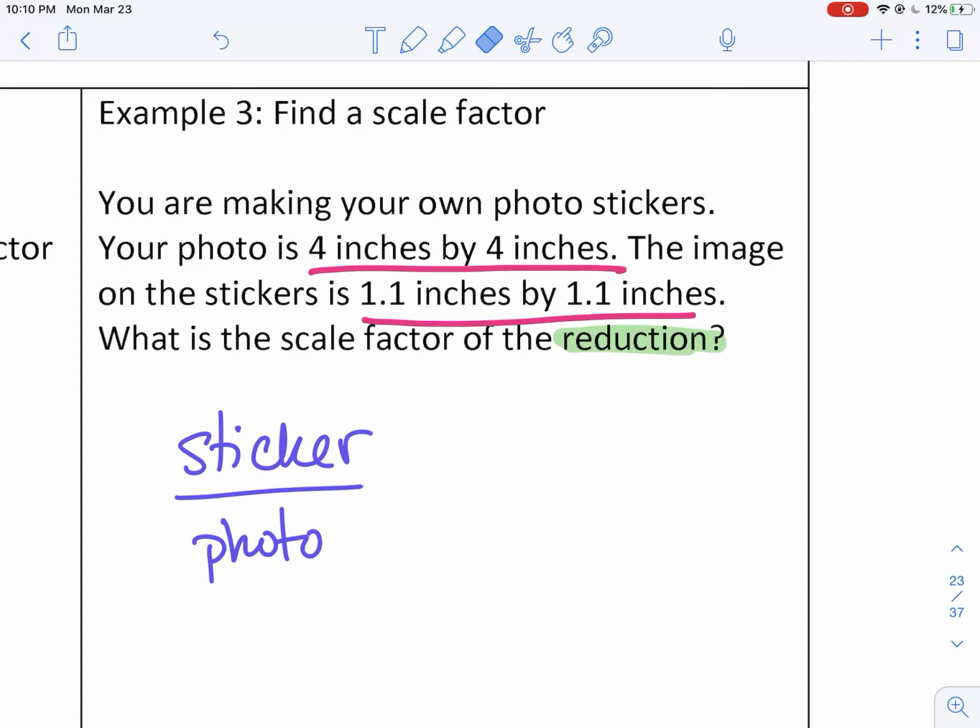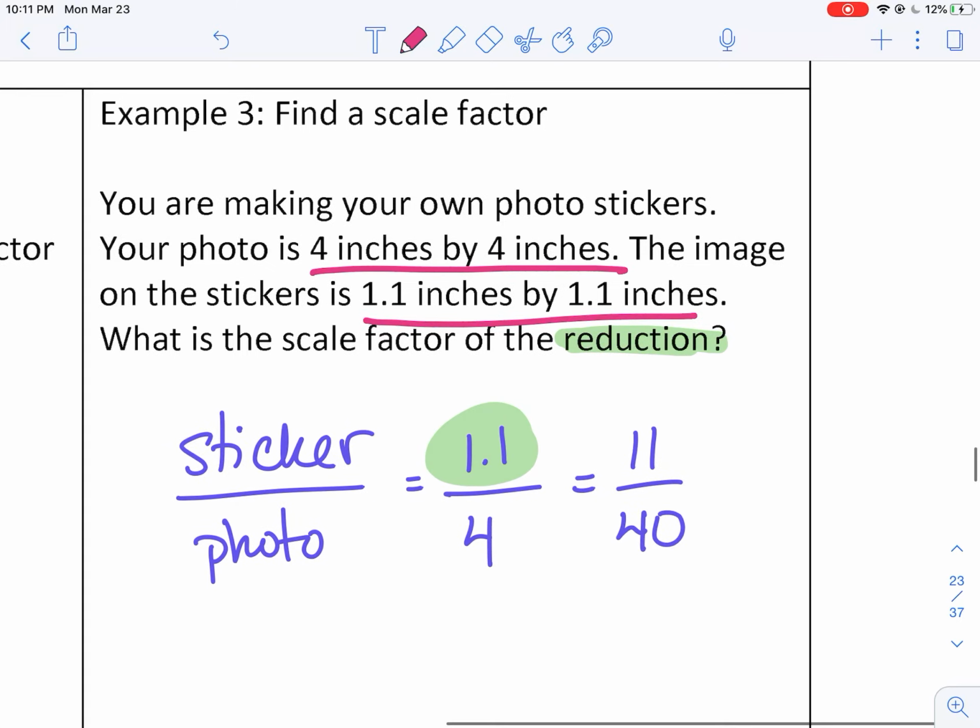This is how we should set it up, sticker to photo. From here, we know it should end up looking like 1.1 over 4, but it's not considered proper to leave a decimal in a fraction. So if we multiply both the numerator and the denominator by 10, that's how we end up with 11 over 40. And that's the answer for this problem.